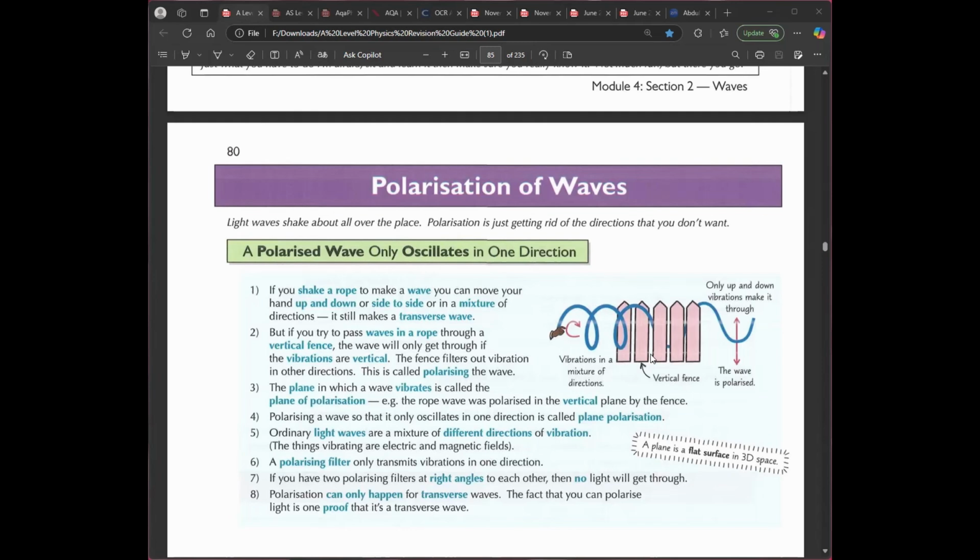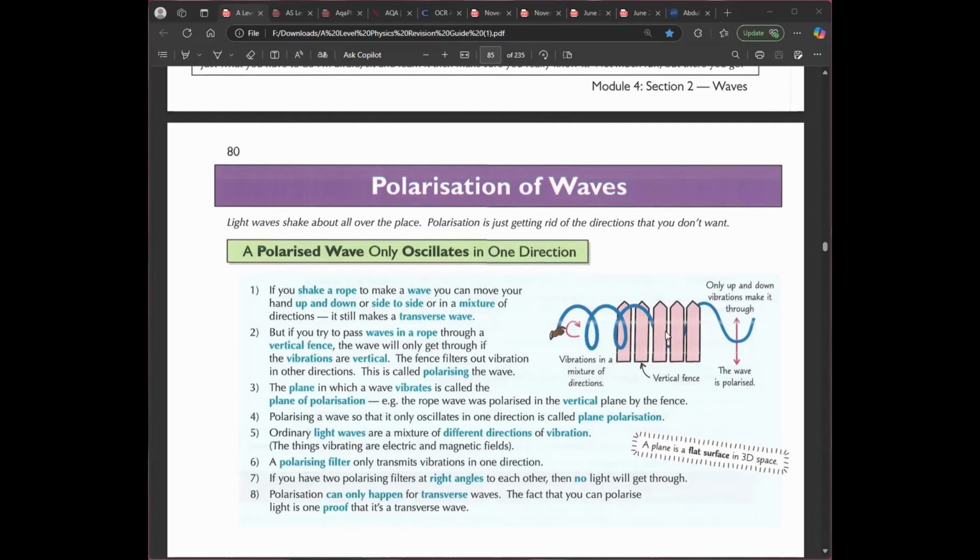So basically, if you see this example that they have shown here, it's like a vertical fence, and they are swirling this rope through it. Now you see here, this can be divided into different components. Maybe one is a perpendicular component, the other one is a horizontal component of the wave.